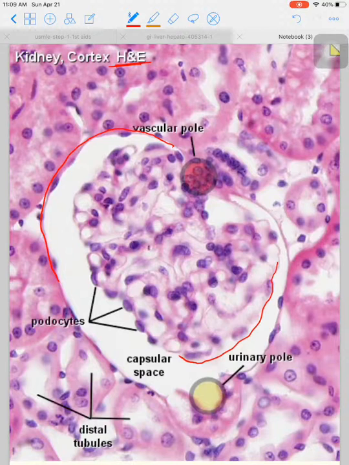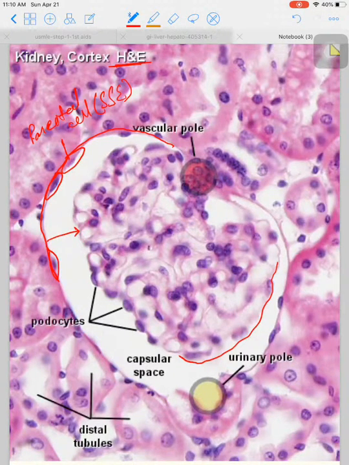Here we can see a small layer of squamous cells with nuclei, and these are the parietal cells of the Bowman's capsule, the simple squamous epithelium of the Bowman's capsule. Here we can see a Bowman's space, and these are the nuclei of the podocytes.